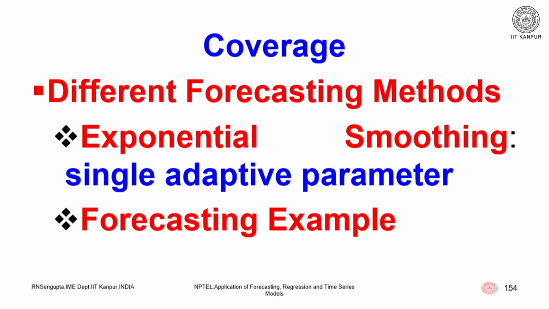We will continue discussing the example of exponential smoothing with non-adaptive single parameter, and if time permits we will consider another simple example with a very specific intention for why we are solving that problem.